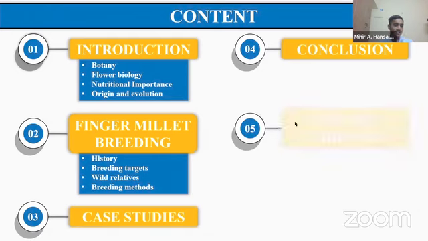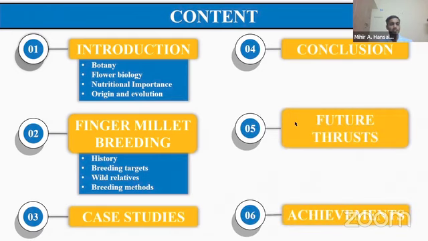And in the second part, I will talk about finger millet breeding history, breeding targets for improvement, wild relatives of the finger millet, then breeding methods. Third part is the case studies, where I will talk about the different aspects of improvement in the finger millet. Fourth is the conclusion. Fifth is the future thrust, and sixth is the achievement by breeding and biotechnological improvement.